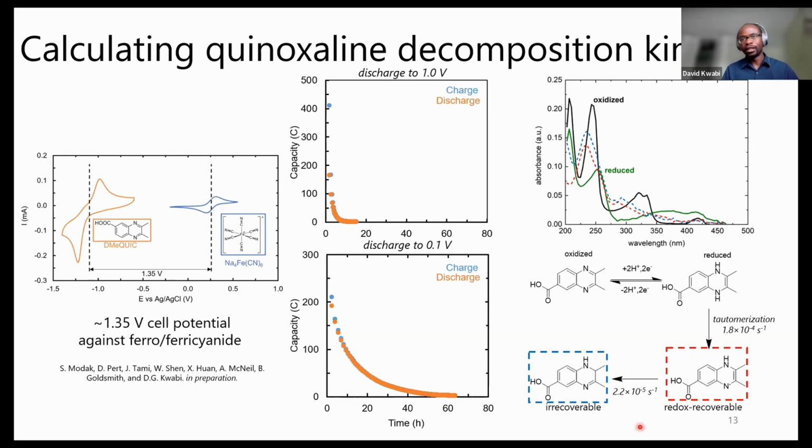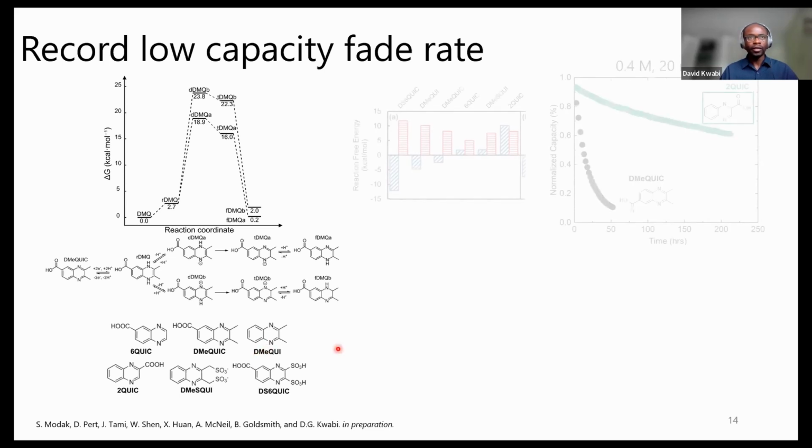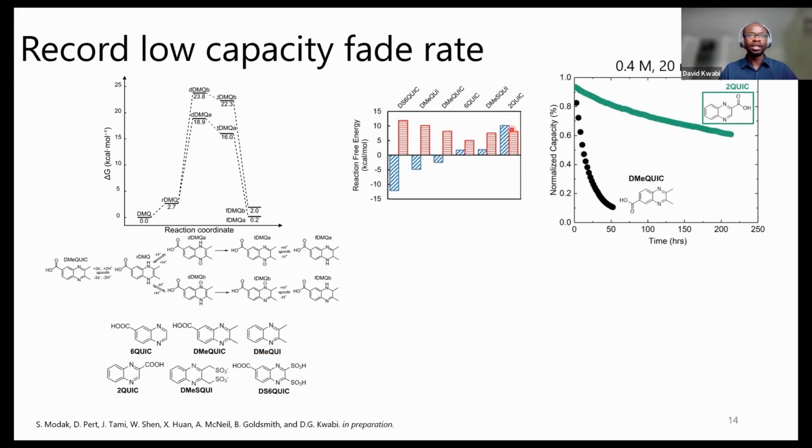And what we then did, having figured out that tautomerization was essentially our main mode of decomposition, was to use DFT to screen a variety of molecules that we suspected would have different tautomerization energetics. And we picked the most energetic molecule in the series here and cycled it.